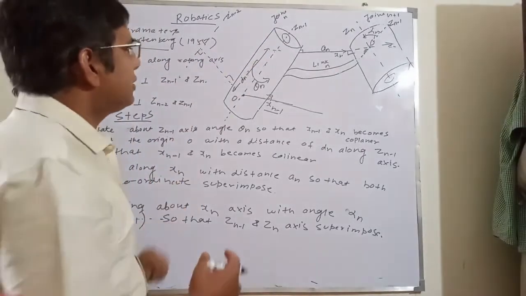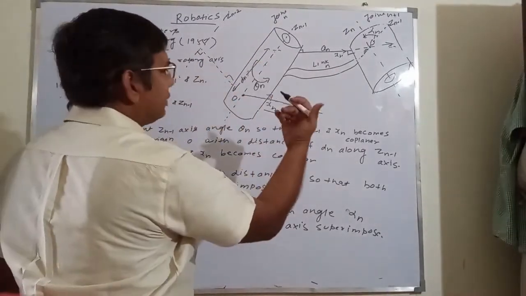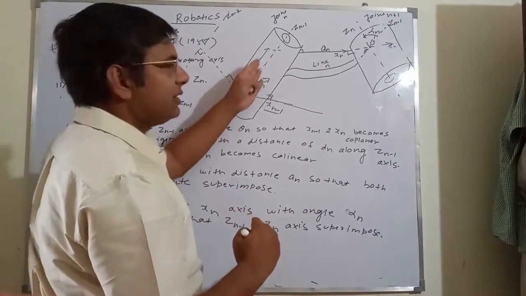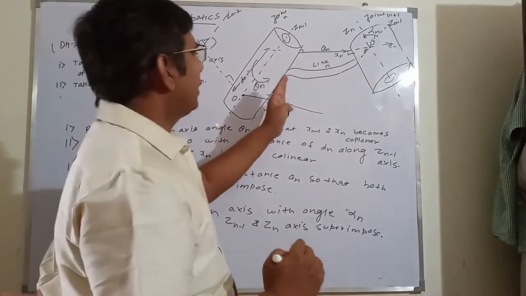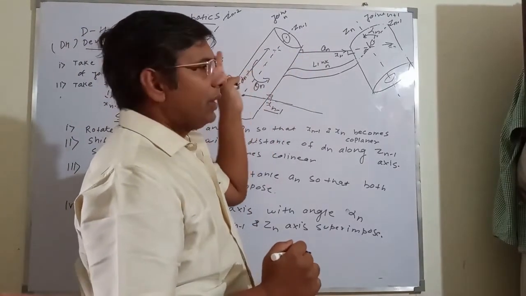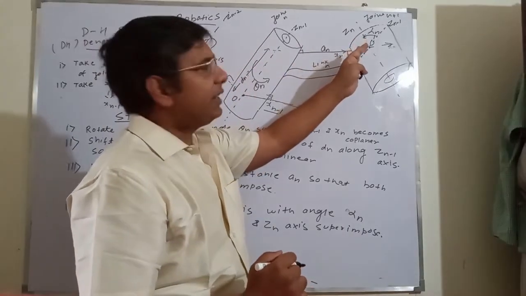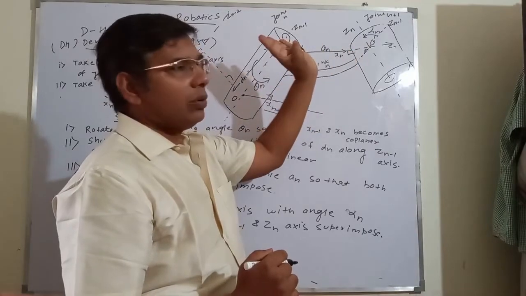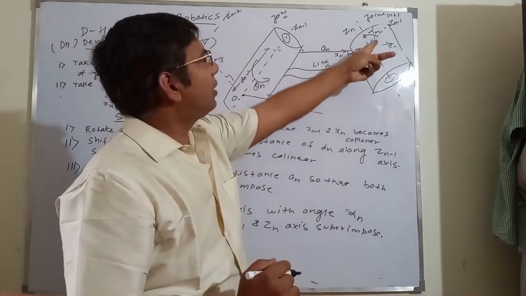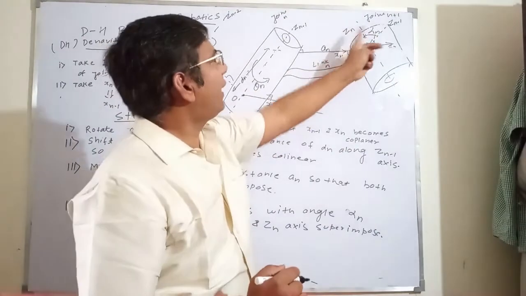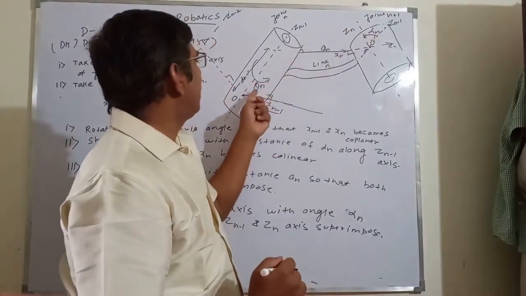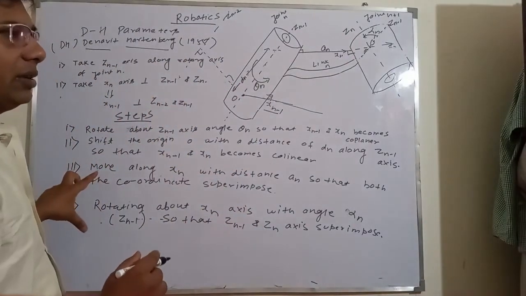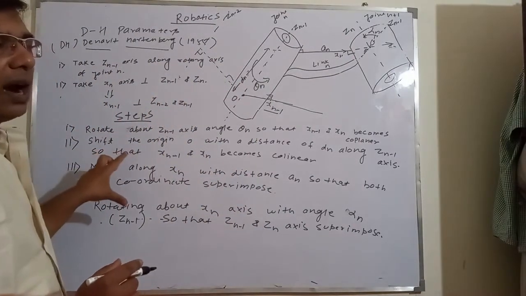The second thing is the link: we are shifting by an, and then aligning again according to Zn, with alpha n. So an and alpha n, and theta n and dn. All these make 4 parameters. So it is called the Denavit-Hartenberg parameters.